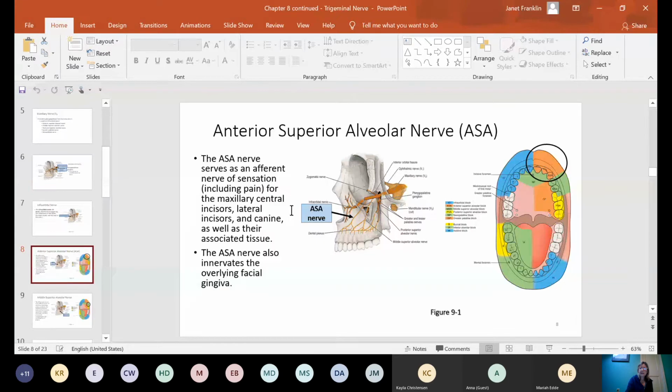So there's the ASA, and you can see where right here I circled what it innervates. The MSA innervates this area. PSA innervates this area. And we've got the greater palatine, does the palatal for the posterior hard palate. And the nasopalatine does the palatal part of the anterior hard palate.